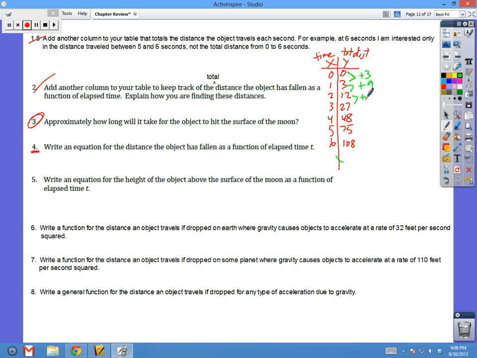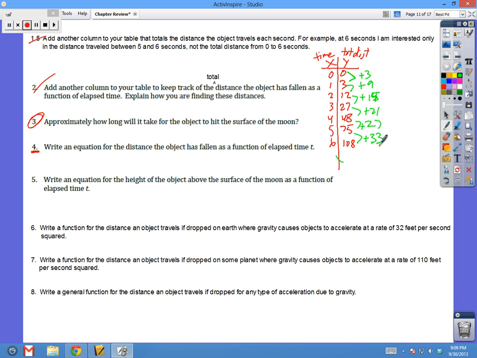Then 27 minus 12 is 15. Then that should be 21. That's going to be 27. And then how much is that? 33.